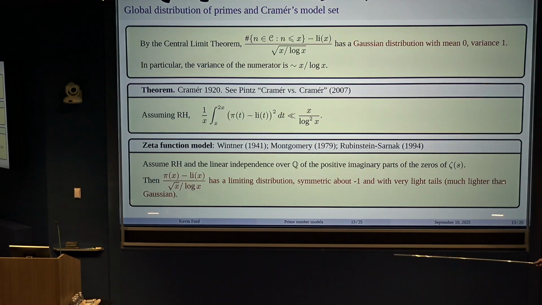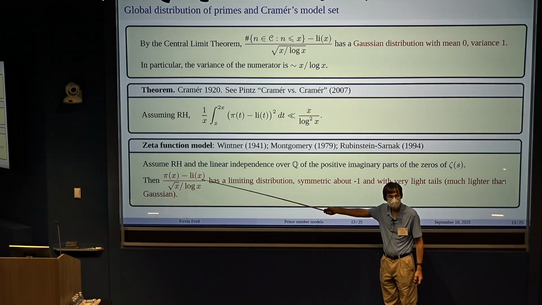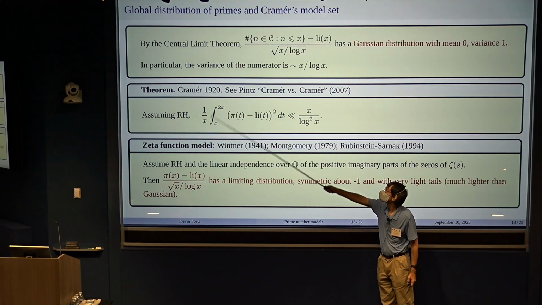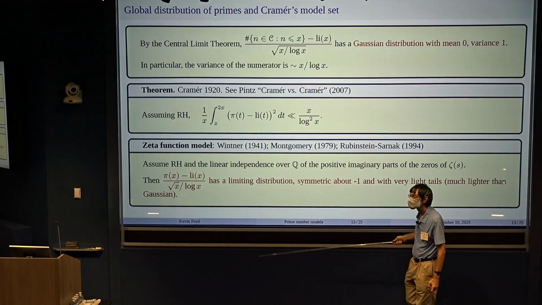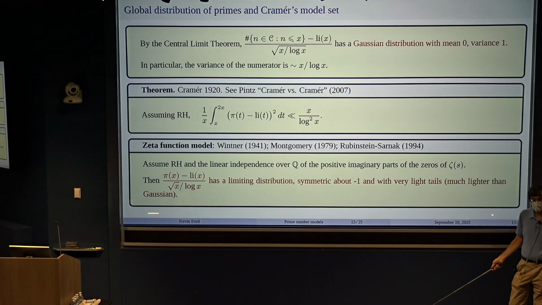So there's this model, originally due to Wintner, expanded by Montgomery and Rubinstein and Sarnak, that if you assume the Riemann hypothesis and the linear independence of the positive imaginary parts of the zeros of zeta, then one can prove that this ratio, now pay very close attention to the logarithm here, it is not under the square root, whereas it is up here, that ratio has a limiting distribution, and that limiting distribution is not Gaussian.